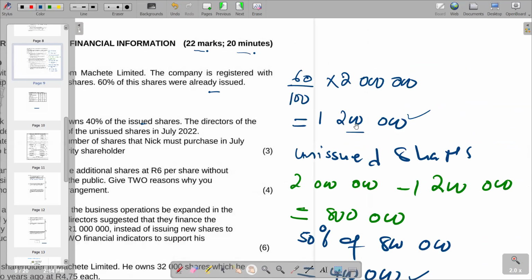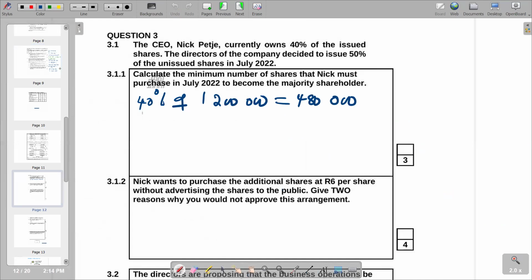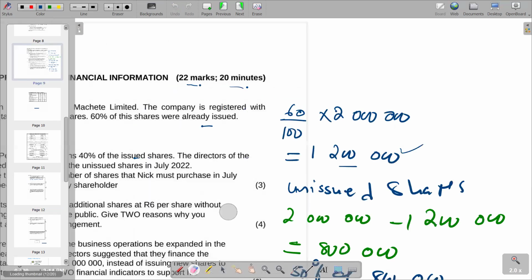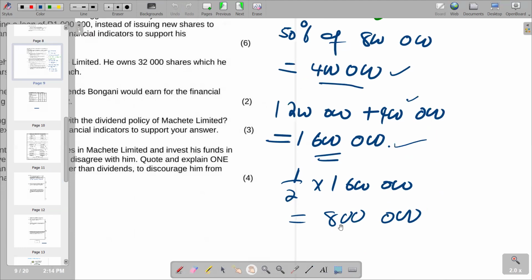So 40% of these shares are the ones that Nick owns at the moment. 40% of 1,200,000 gives Nick's share as 480,000. And remember, we have calculated here and we found that Nick has to own at least 800,000.